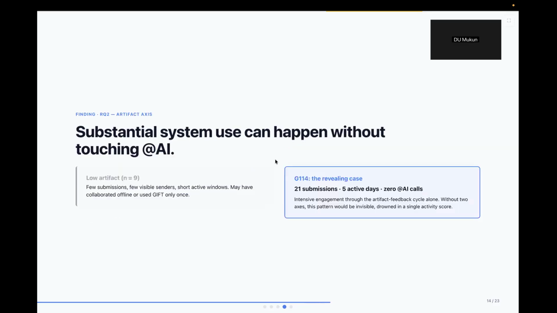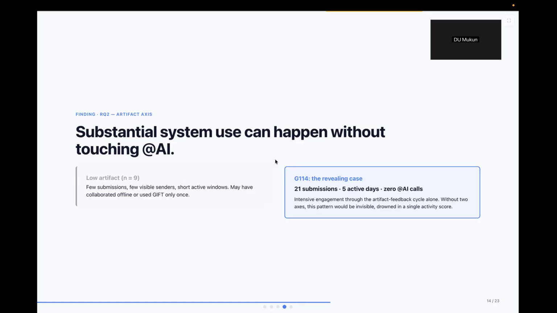And the next one is the substantial system use can happen without touching @AI. So among all the 9 groups with low artifact, which means they did not upload a lot of their work to the system, they did not try to enhance their work, we have found some groups.